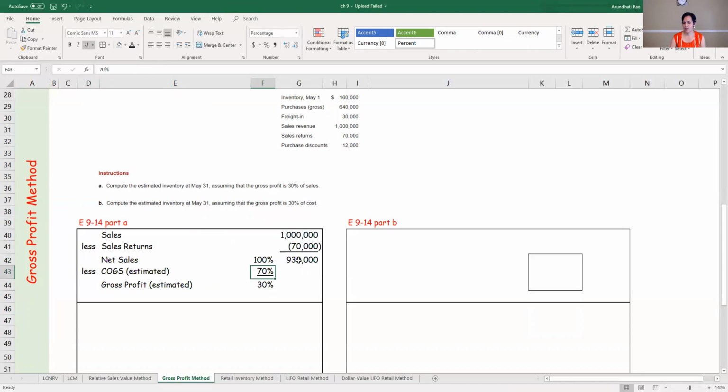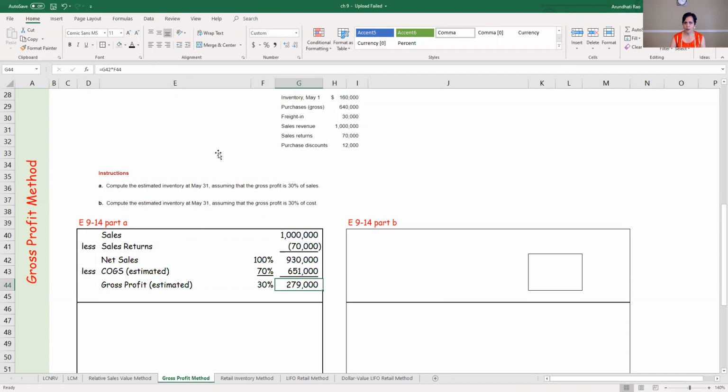I know one of these numbers, so I can figure out the other two. It's very easy. 70% of 930,000 is going to be my cost of goods sold. 30% of 930,000, or the difference between these two numbers, is going to be my gross profit number.